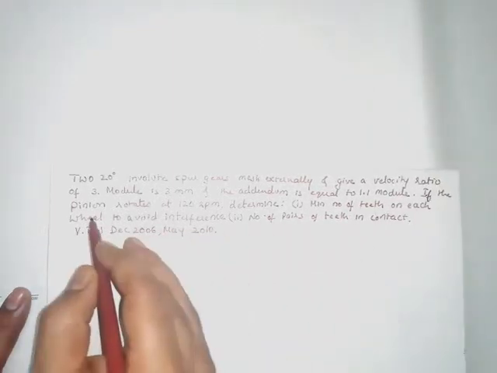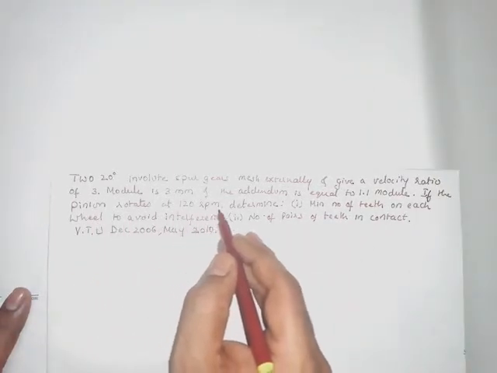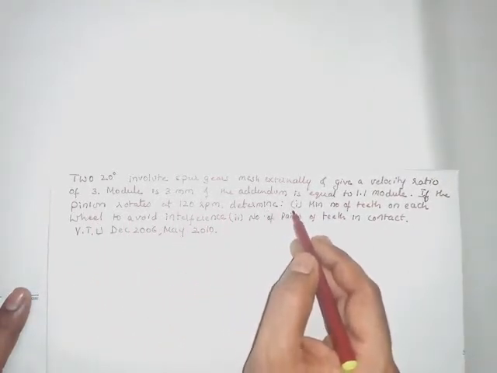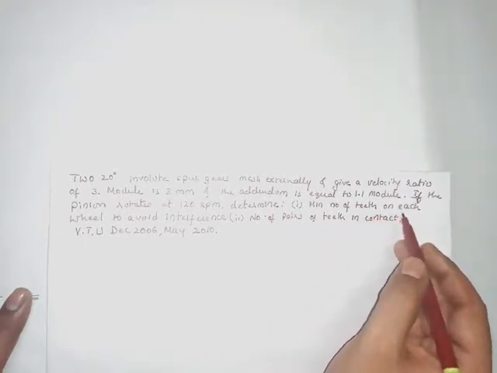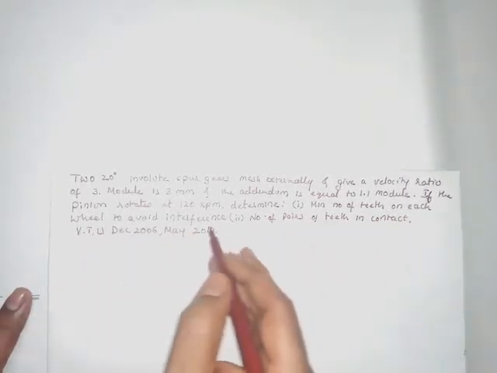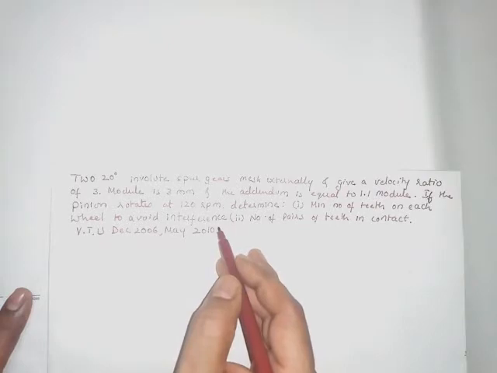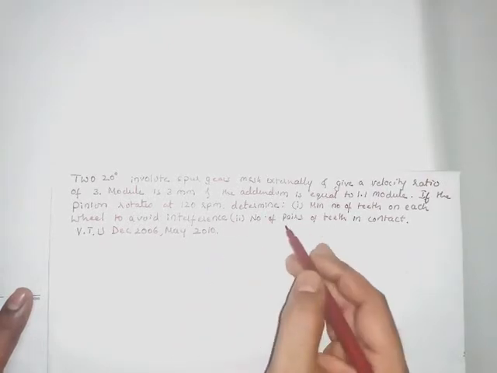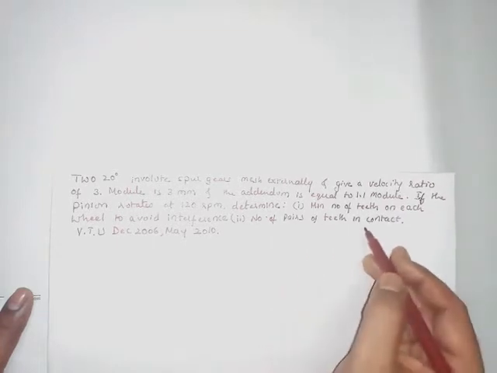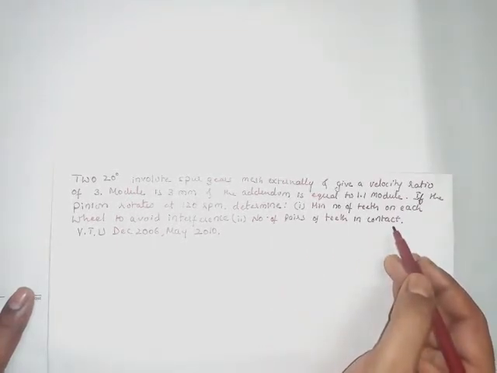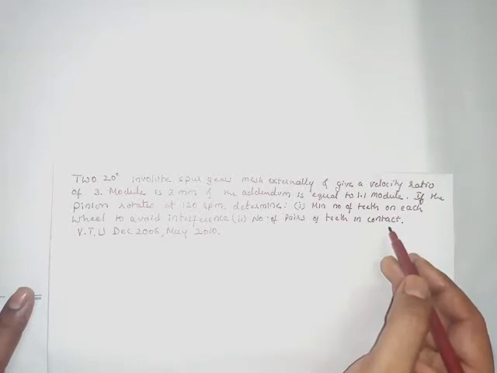If the pinion rotates at 120 rpm, determine the number of teeth on each wheel to avoid interference. So interference is not required. For that, how many numbers of teeth are required? Second, number of pairs of teeth in contact. How many teeth are in contact? So these are the two parameters that we have to find.